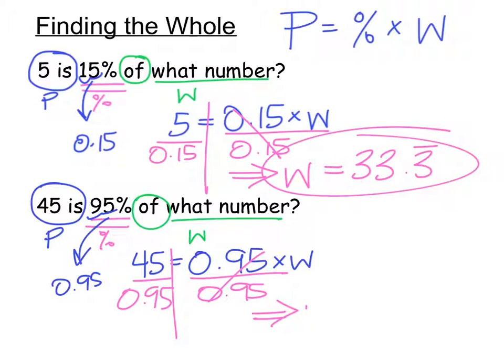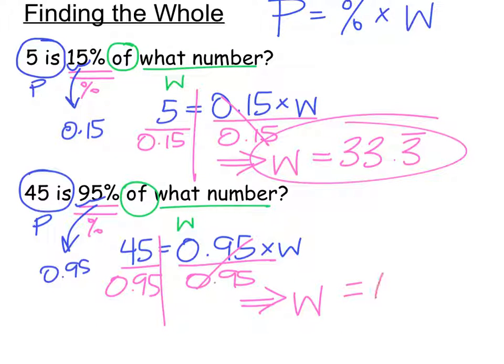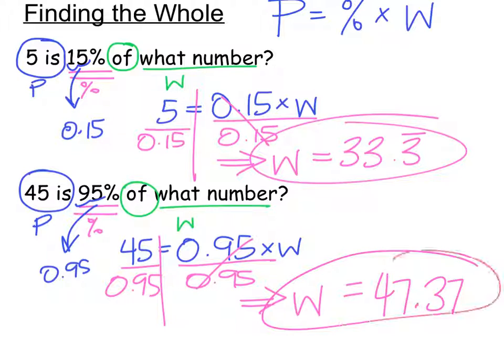And when we do so, we get W equals 47.37, give or take. It's a decimal, so I had to round it, but that's okay. So 45 is 95% of 47.37.